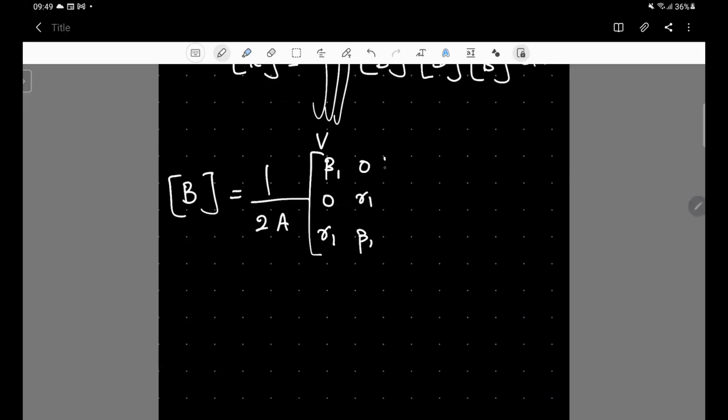So beta 2, 0. So this same form would repeat 6 times.